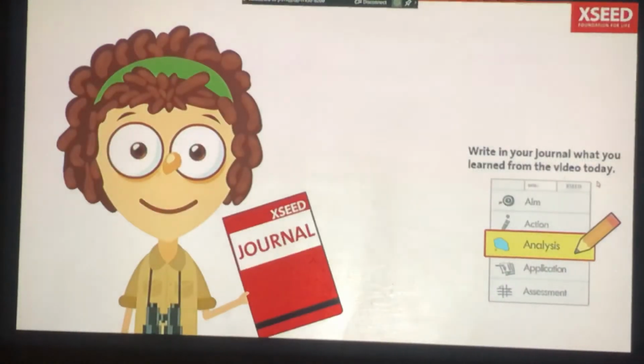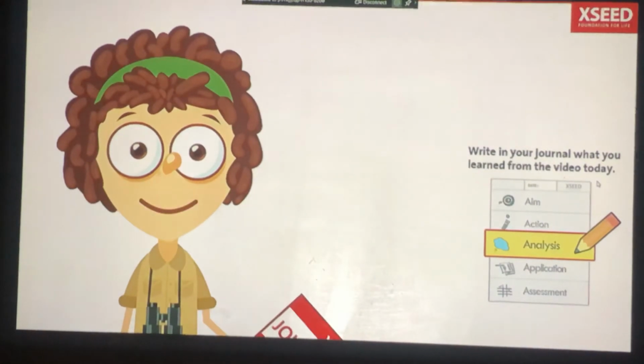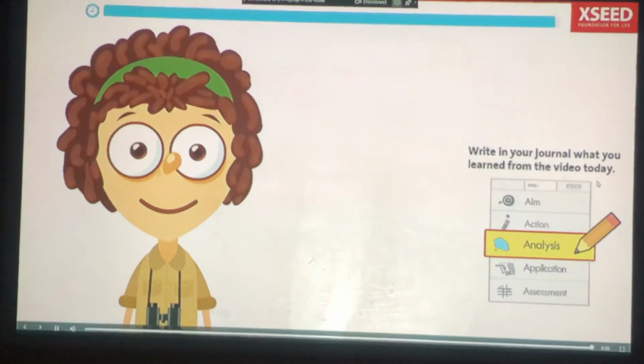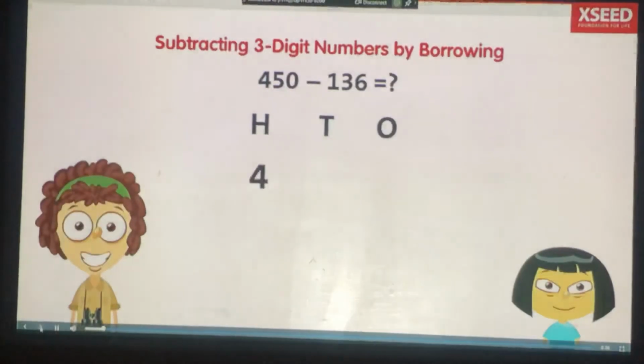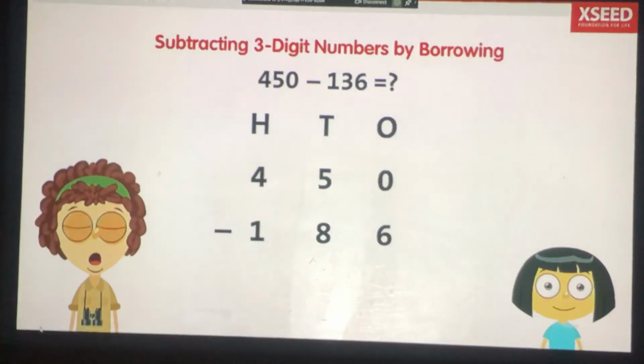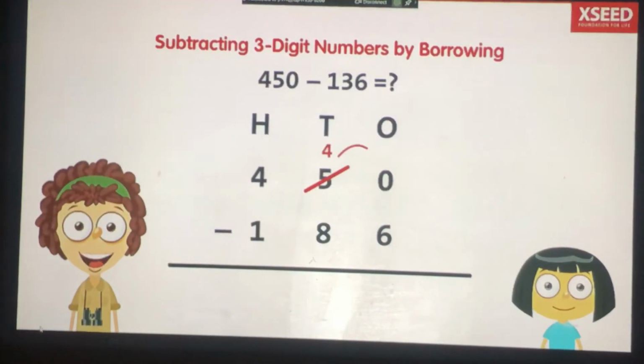In the analysis section of your journal, write what you learned from the video. Today, we learned to subtract 3-digit numbers using the column method by borrowing from tens and hundreds.